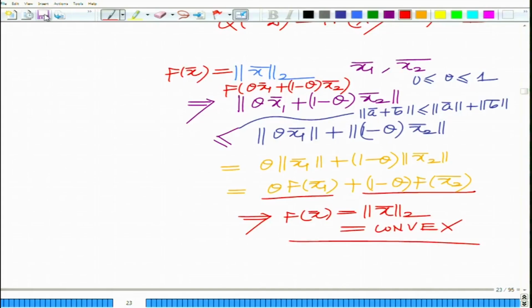Okay. So, this is a straightforward way to show that the 2 norm, the L2 norm, is convex. However, this might be a slightly cumbersome way to show it, especially for any function of a vector, or a function of more than one variable.